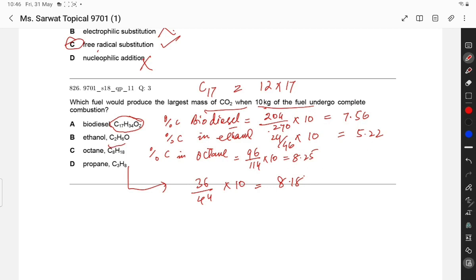So this is 5.22, and in this case 96 divided by 114 into 10 is equal to 8.4. And in this case 8.18. So in this, C option is correct option, which undergoes the largest mass of carbon dioxide.